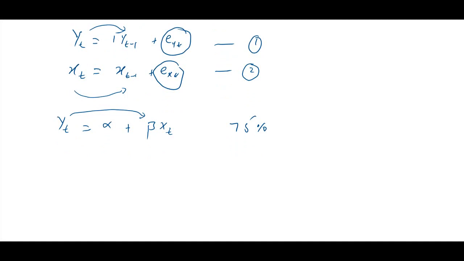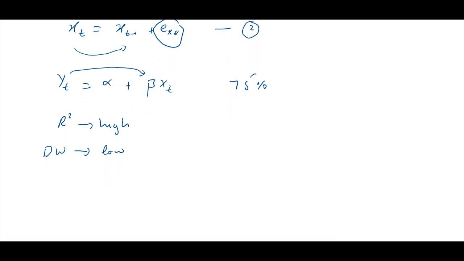And they had a very high R square. Similarly, the value of DW, the Durbin Watson statistic, was very low. The Durbin Watson statistic is calculated for autocorrelation, and its value is better if it is near 2, but that was very low.